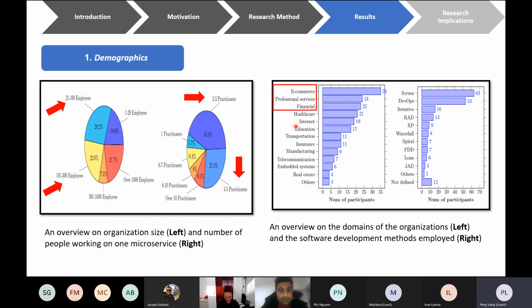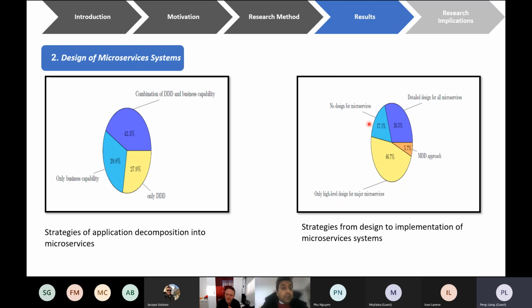Regarding the domains of the software systems, mainly they are related to e-commerce, professional services, and financial services. And regarding the software development methodology, most of the organizations are using agile approaches, mainly Scrum, for microservices development.